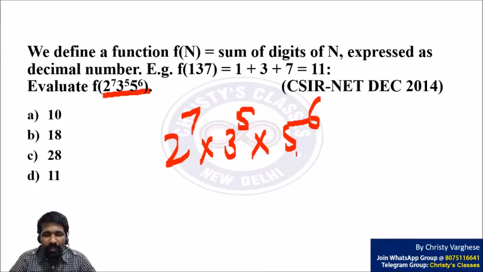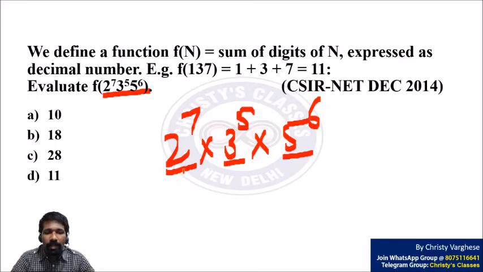Mathematically you can use the formulas, but I will prefer doing it logically because that is how you can skip writing steps and save more time. First of all, to simplify this, finding 2 raised to 7, 3 raised to 5 and 5 raised to 6 separately is not a good idea because that much big multiplication without a calculator is very time consuming.